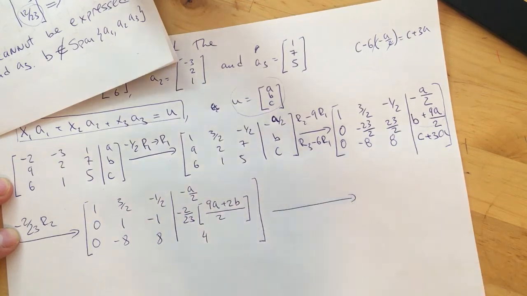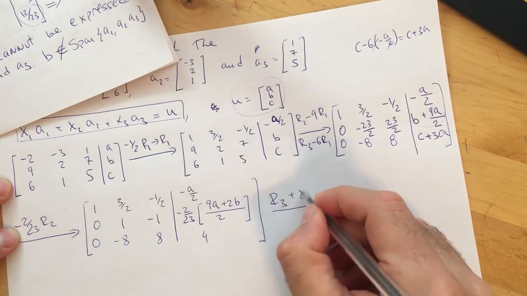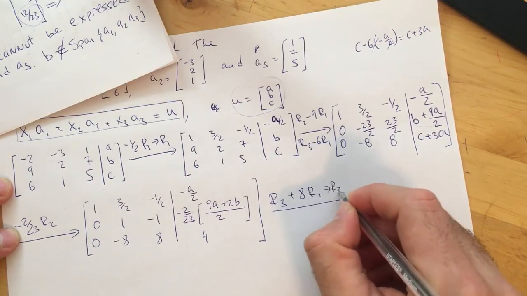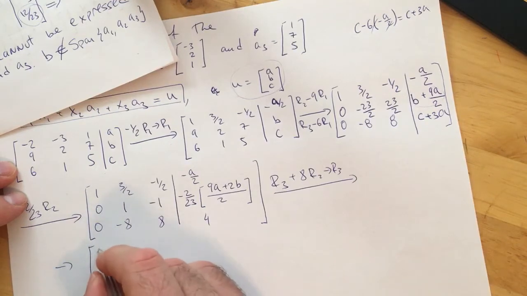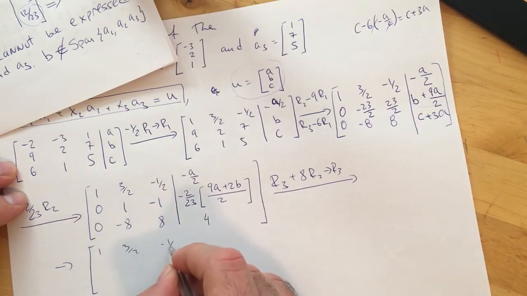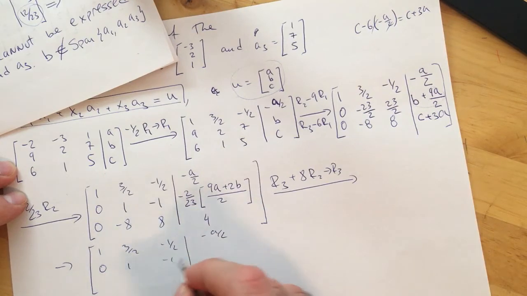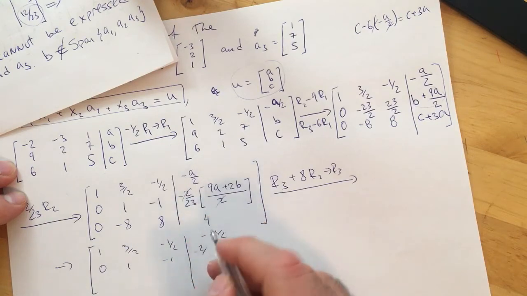And finally, row 3 plus 8 times row 2 becomes row 3. So I get 1, 3/2, -1/2, -a/2, 0, 1, -1, and this is (-9a - 2b)/23. These two can cancel.